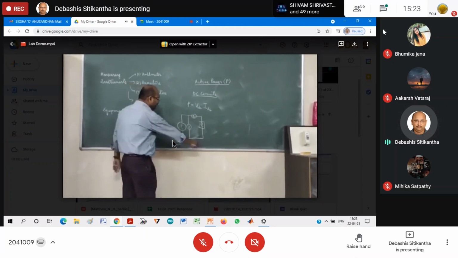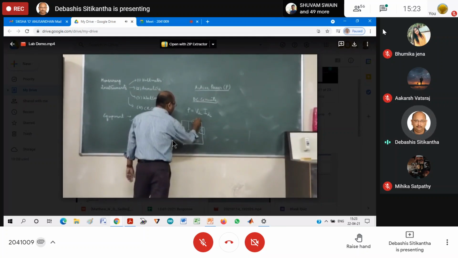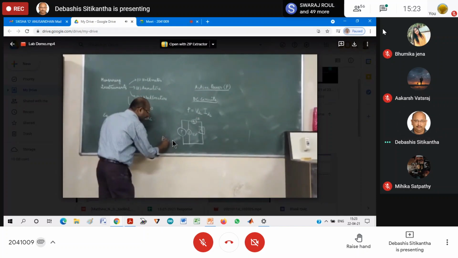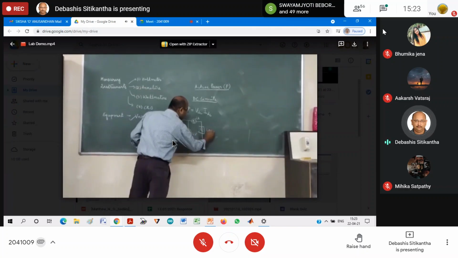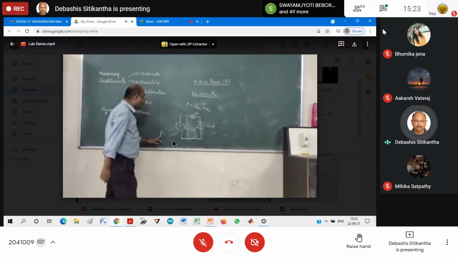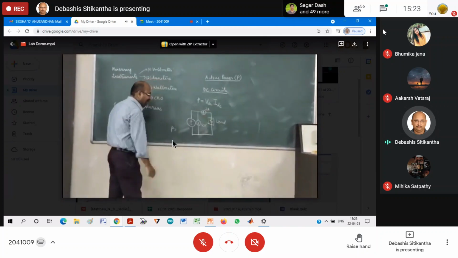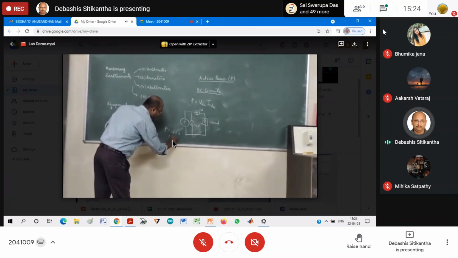Now, suppose this one is showing me 12 volt and this one is showing me, let us say, 2 ampere. Then the power consumed by this load in the DC circuit is equal to V DC multiplied by I DC. So in this case it is 12 into 2, that is 24 watt.